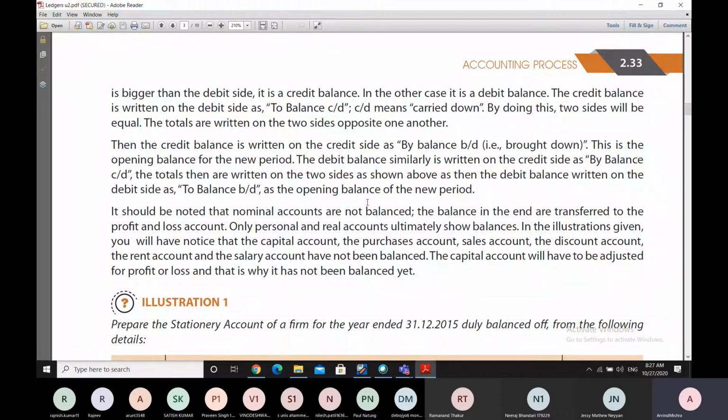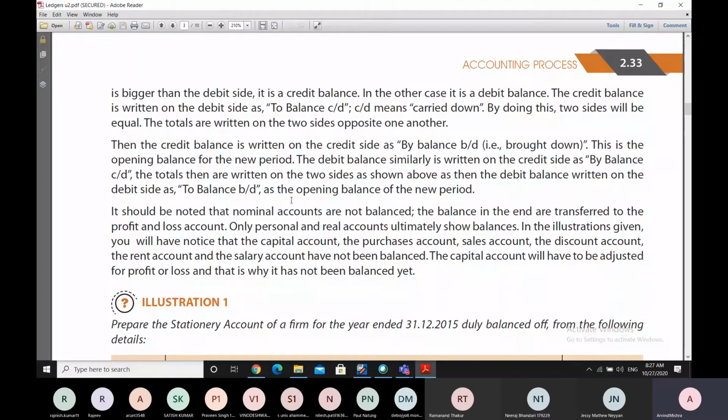So when I say it is a nominal account, it is being named as an account. It is not actually functioning as an account. It is an account by name. We say, okay, this is an account. That is why the word nominal, as opposed to real. Real means a real account which actually functions as an account.